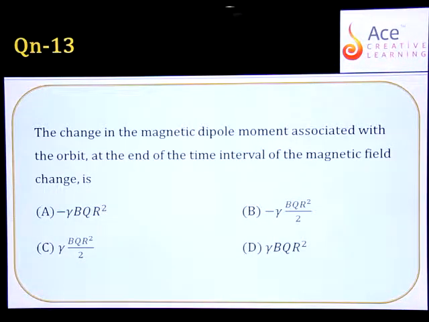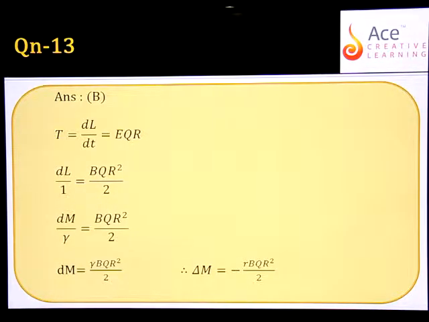Question number 13 and 14 are from magnetic field. For 13, the correct option is B. Use the fact that the torque is equal to dL by dt. dt is 1 second, and that is also equal to E Q R, where E is the induced electric field.